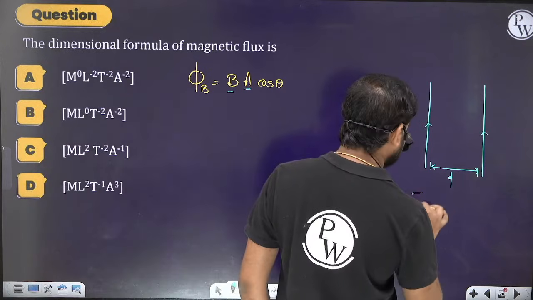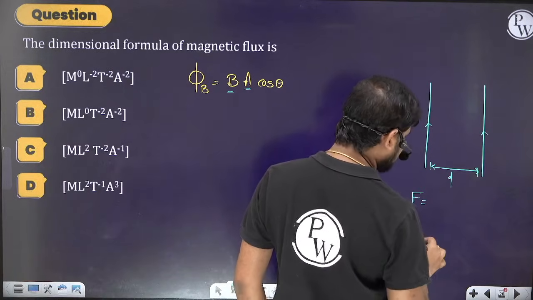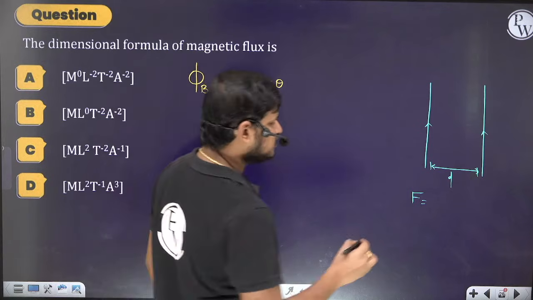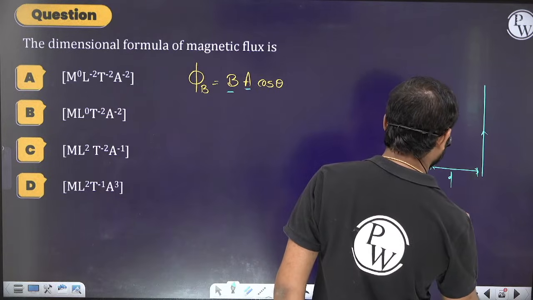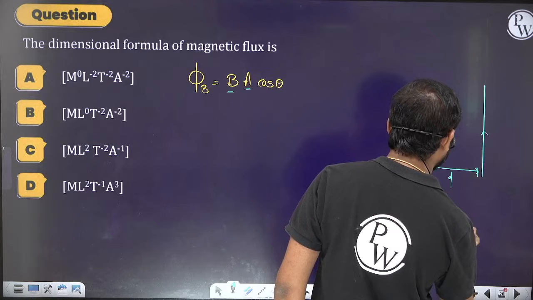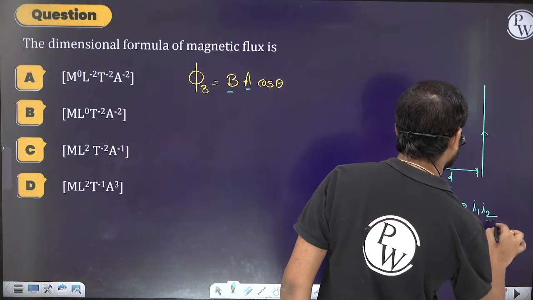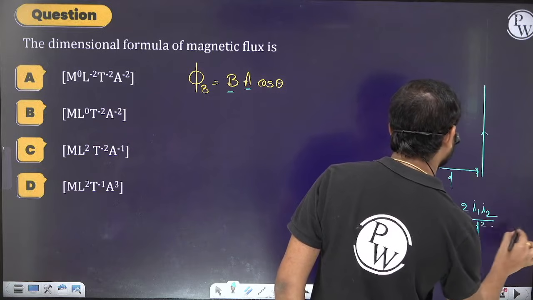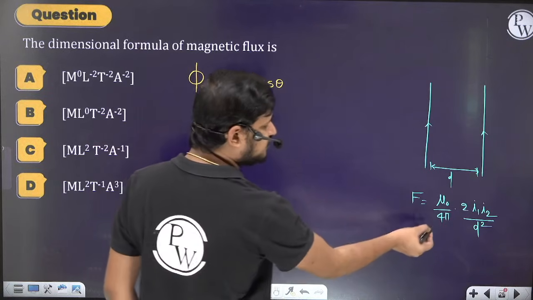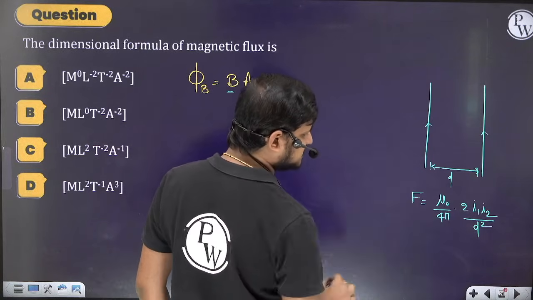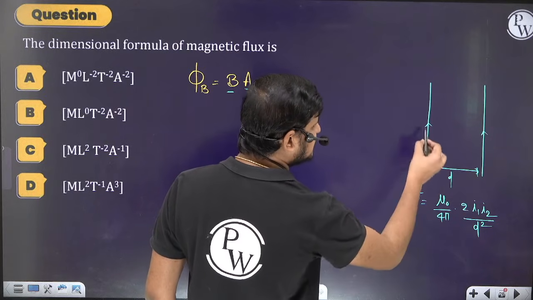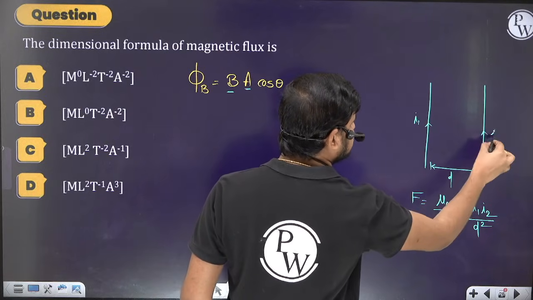The force between two parallel current-carrying wires is given by mu naught by 4 pi into 2 I1 I2 by d, where d is the distance between them. 4 pi is constant, 2 is constant, and I1 I2 consider as identical currents.